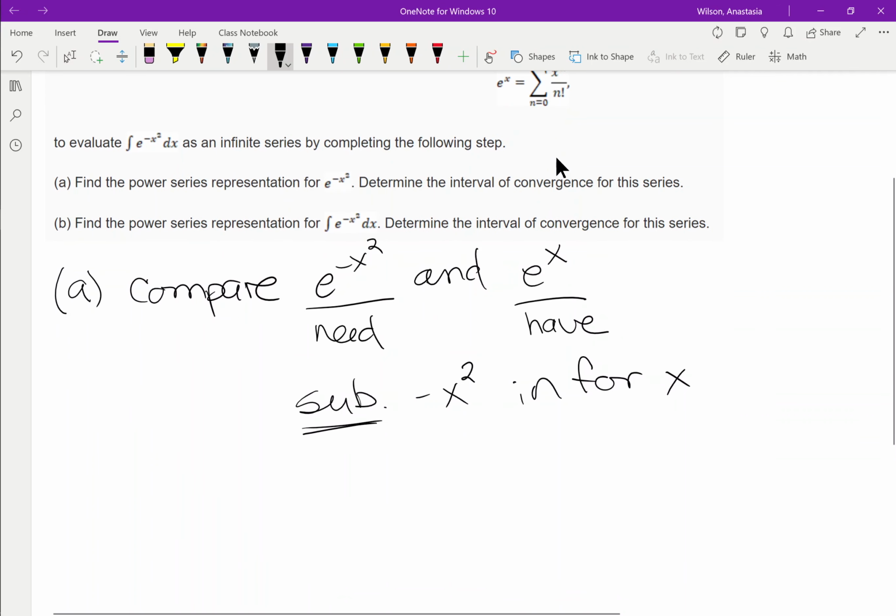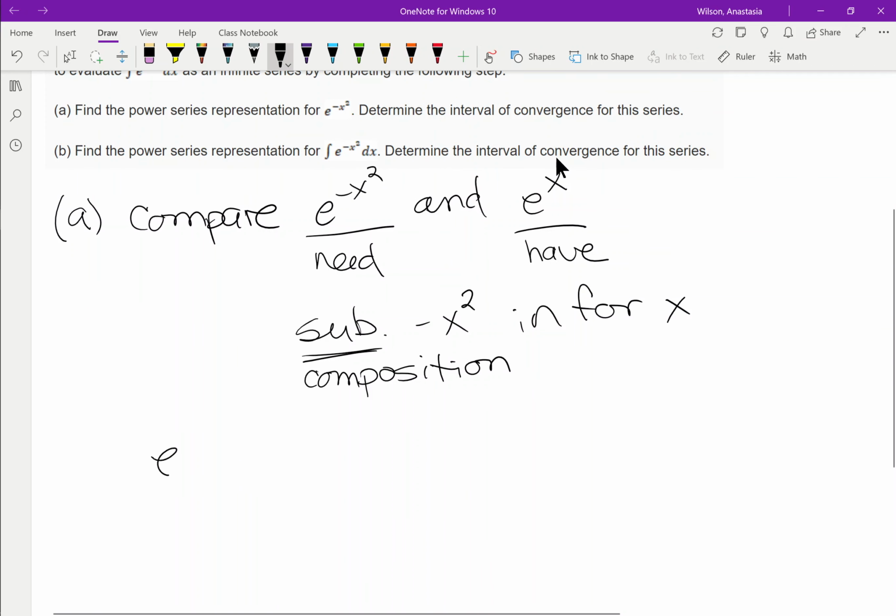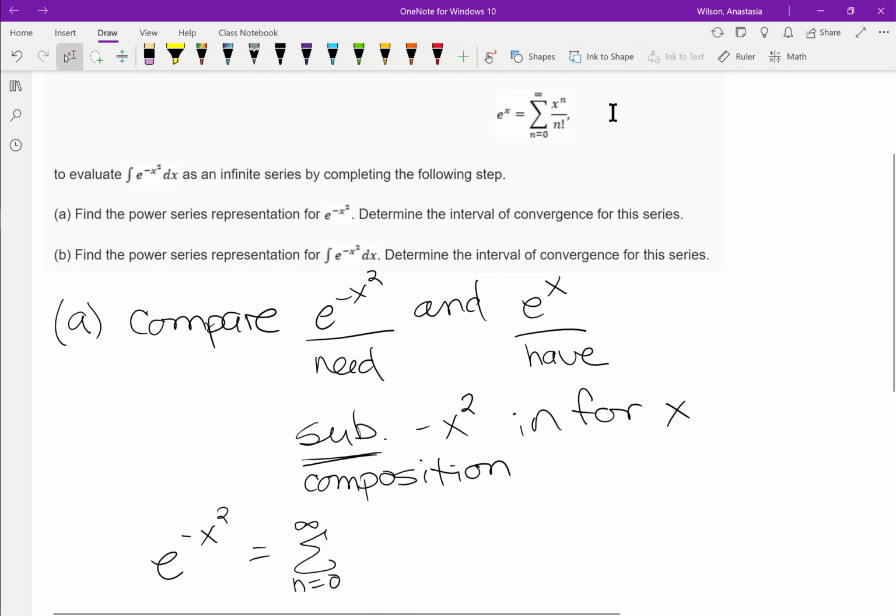Now remember that substitution is the same thing as composition when we're talking about those algebraic techniques that we can use with power series. So we have e to the negative x squared must be equal to the sum from n equals 0 to infinity of, e to the x had just an x there, so now e to the negative x squared must have a negative x squared there.